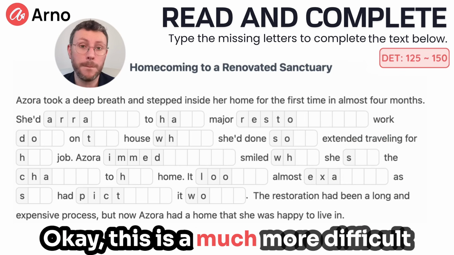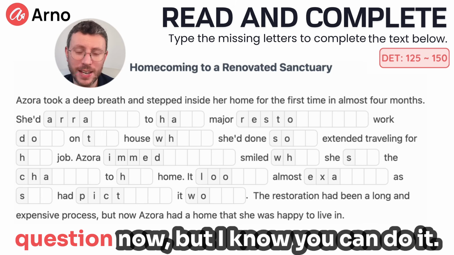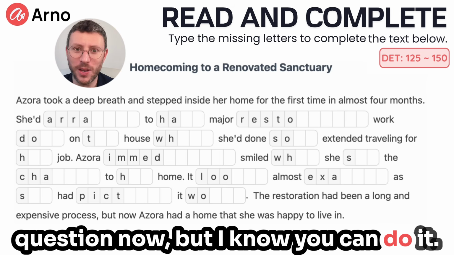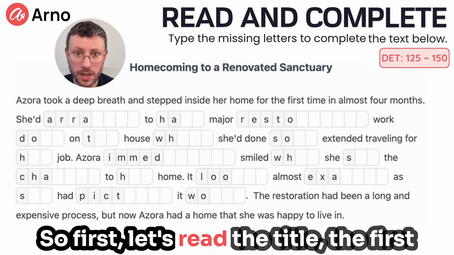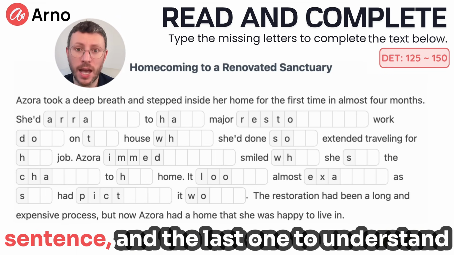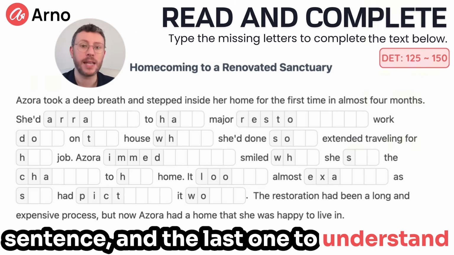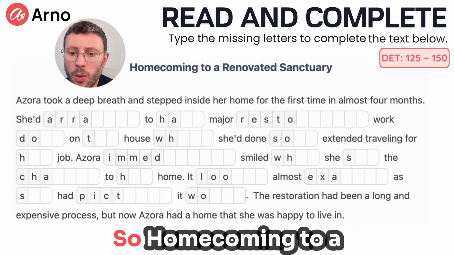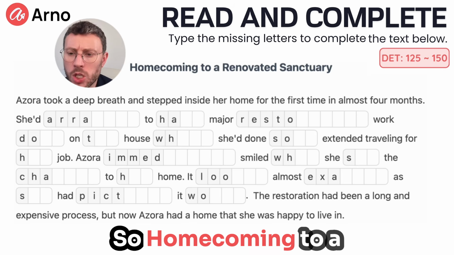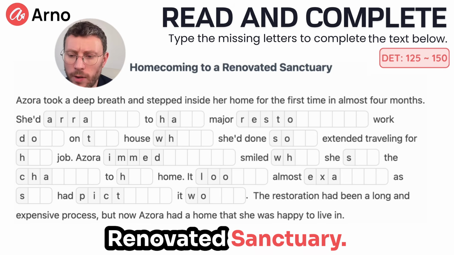Okay, this is a much more difficult question now, but I know you can do it. Let's do it together. So first, let's read the title, the first sentence, and the last one to understand the context, understand the story. So, homecoming to a renovated sanctuary.